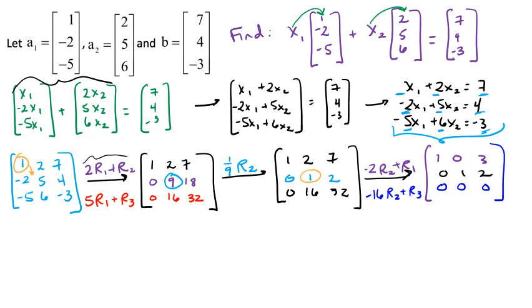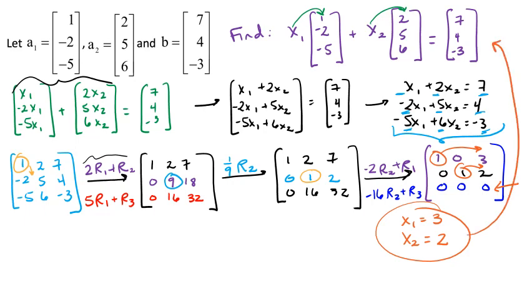Okay, so let's look at this here. I have 2 pivot positions here and here. Nothing extraordinary is happening in this last row. So what this is telling me is that x1 is equal to 3 and that x2 is equal to 2. So what I can do is jump back up here and replace x1 with 3 and x2 with 2.